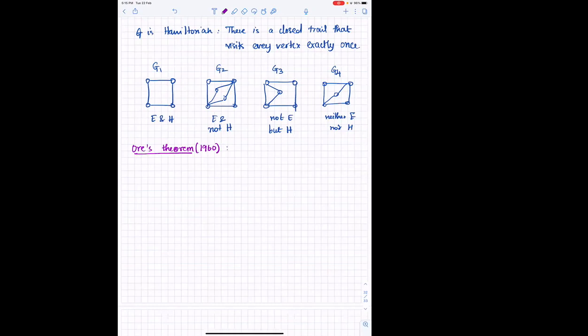Eulerian trails were characterized by just looking at the degree of the vertices. Now can we do the same thing for Hamiltonian graphs?